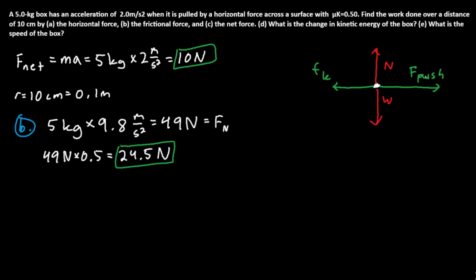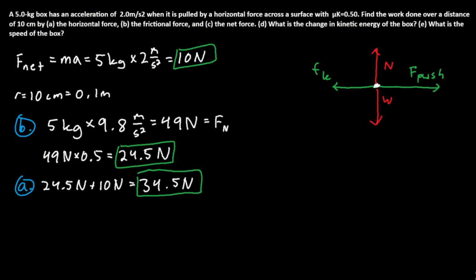And since your push force is greater than your frictional force in this case, you just need to add 10 newtons onto your frictional force to get your net force here. So 34.5 newtons is your horizontal force.